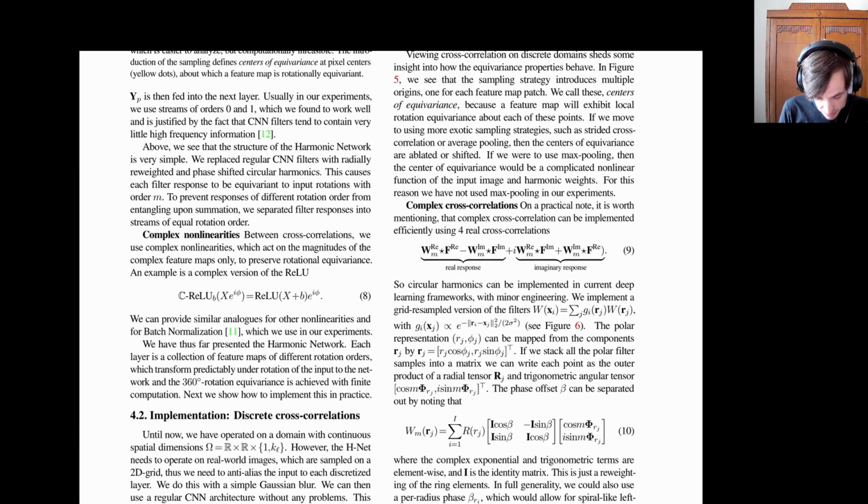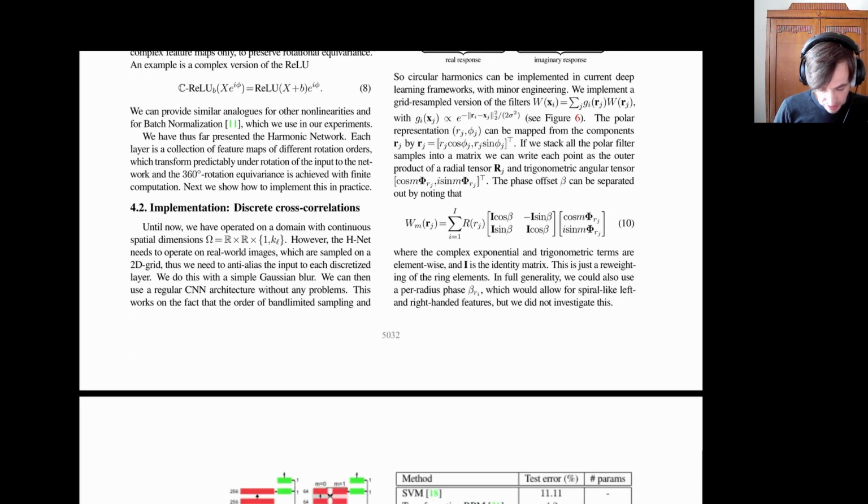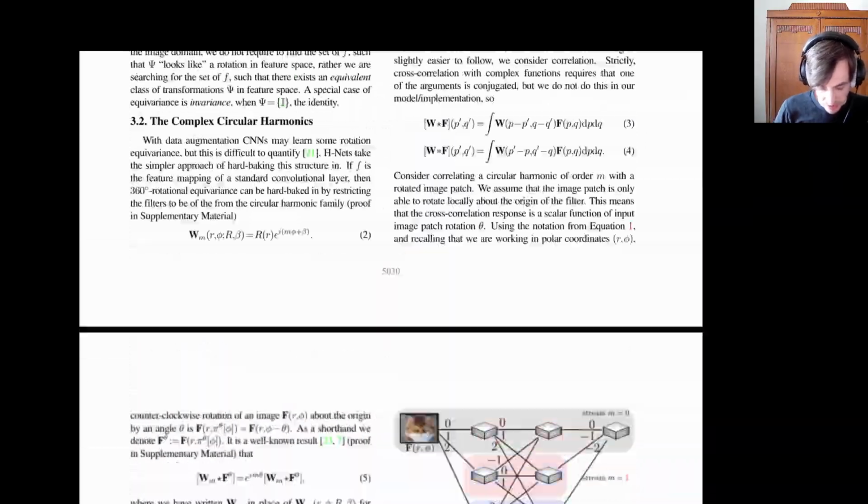And here they also say something about the nonlinearities, where they use complex nonlinearities which act on the magnitudes of these feature maps, right? Because we just showed in the previous video that we can do whatever we want with the magnitudes, and then it's still steerable. Okay, so it's a super interesting paper, and you should definitely check it out.